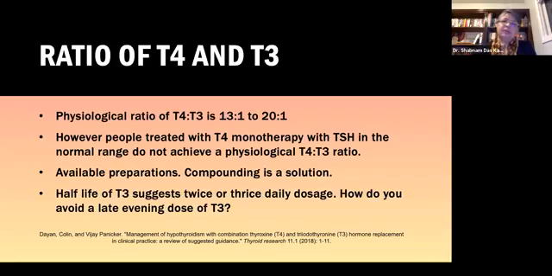Because if you give them T3 late in the evening, some of them cannot sleep, some of them have more anxiety. So what has happened is, when we give a compounded preparation, very often it is one capsule which has a combination of T4 and T3, and many of our patients are absolutely fine with the once daily dosage.